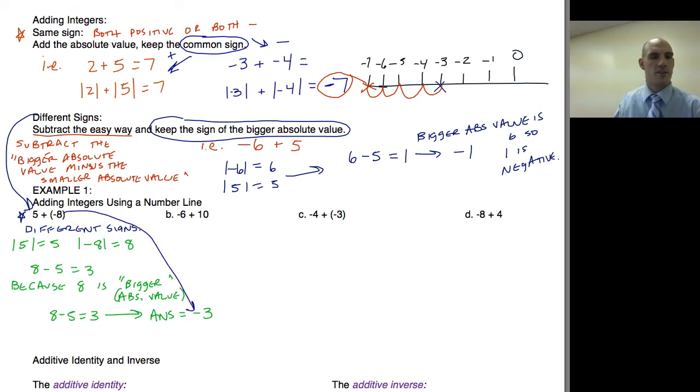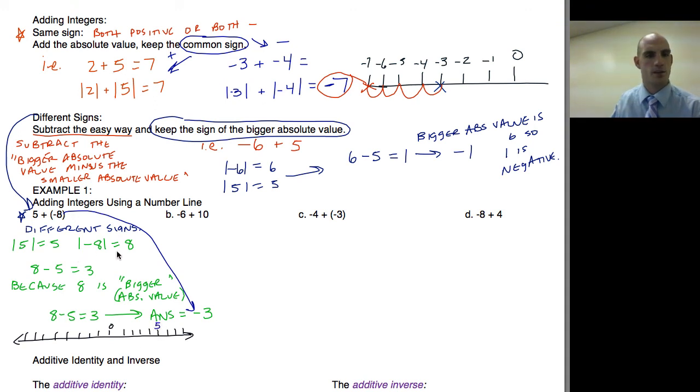All right? If we use a number line to check, and I draw this number line here, and I go ahead and put 0, 1, 2, 3, 4, 5, 6, 7, 8, and 1, 2, 3, 4, 5, 6, 7, 8 on the other side. I'll put 5 on the number line, 1, 2, 3, 4, 5.